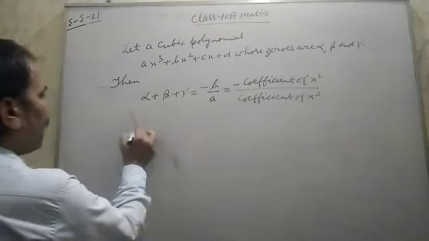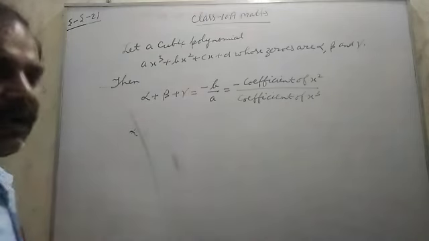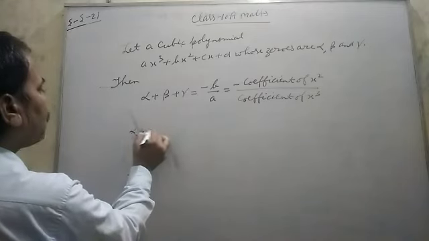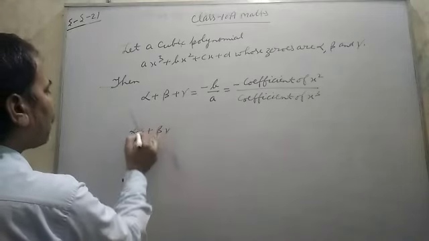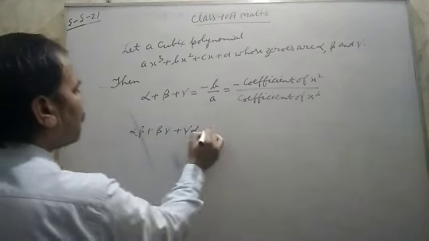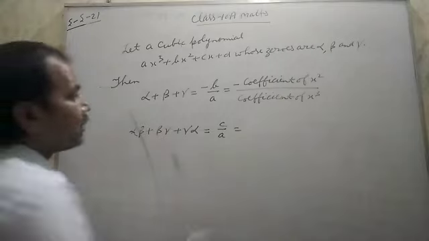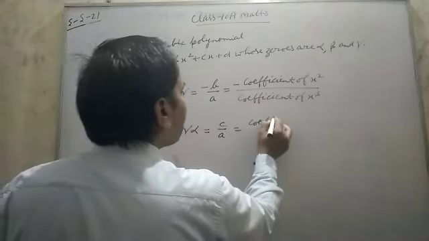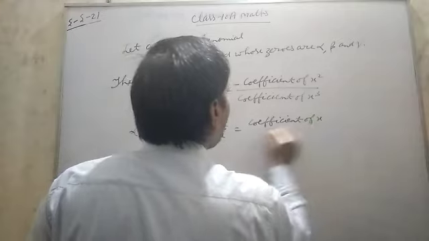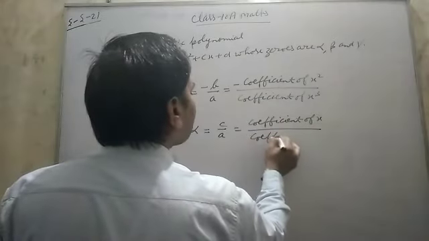Okay, then sum of zeros taken two together, so alpha beta plus beta gamma plus gamma alpha is equal to c upon a. Okay, and c is coefficient of x upon a, coefficient of x cube.